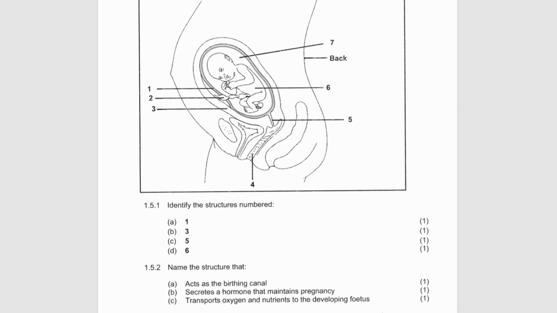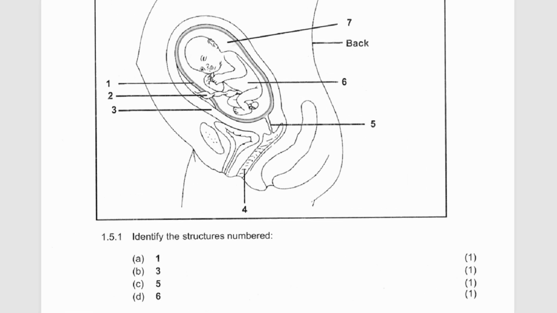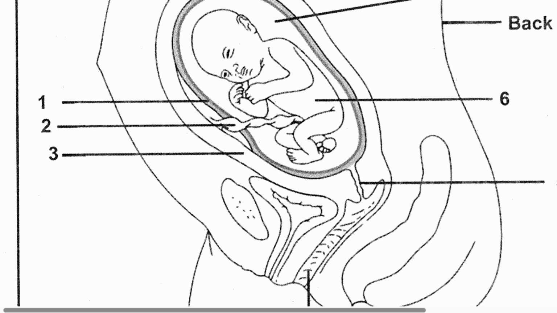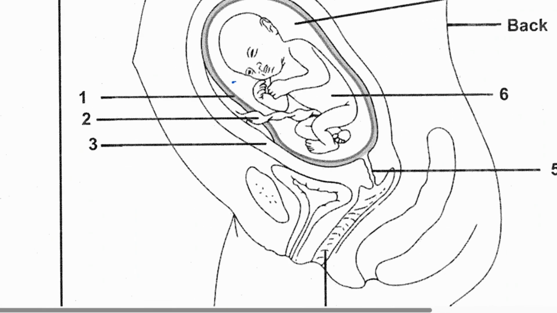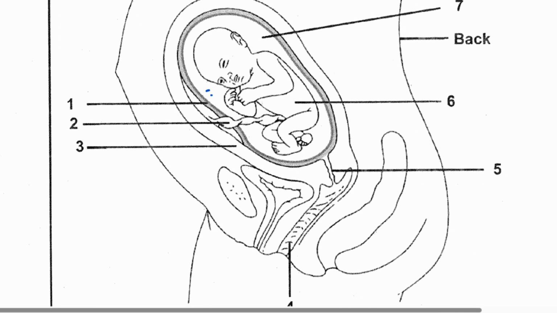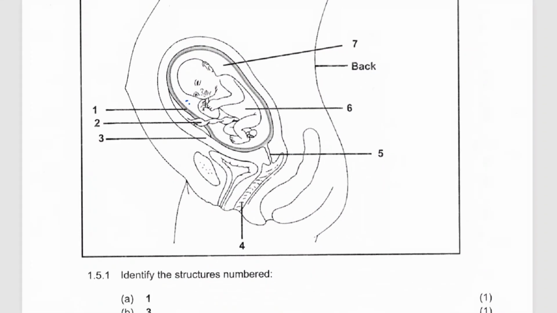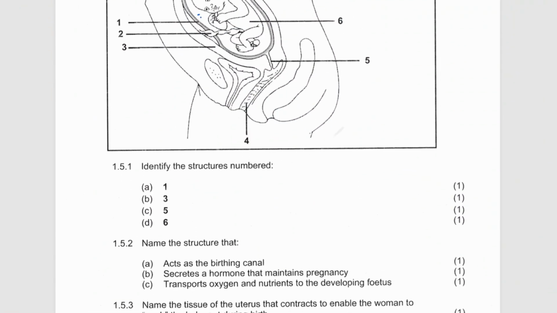Yeah, if you follow it up, it looks to be amniotic sac. I don't know whether they are pointing straight here because it is in the middle. It looks to be amniotic sac because this is the amnion, and then the layer just outside there looks to be the amniotic sac.